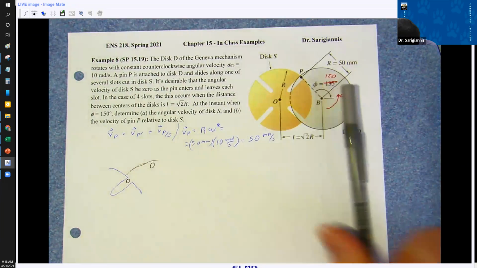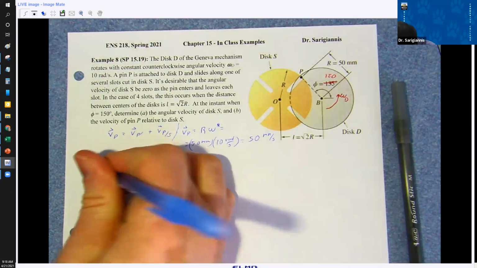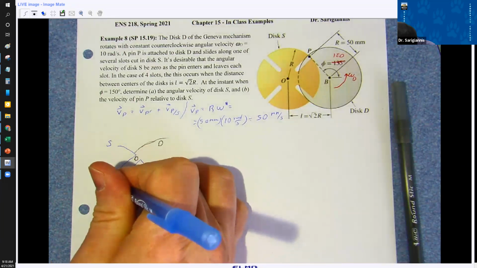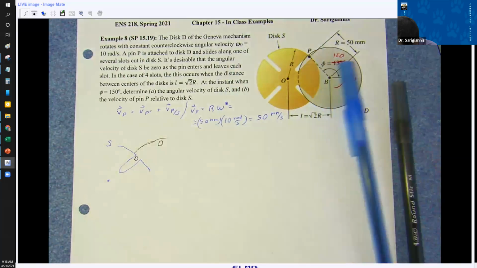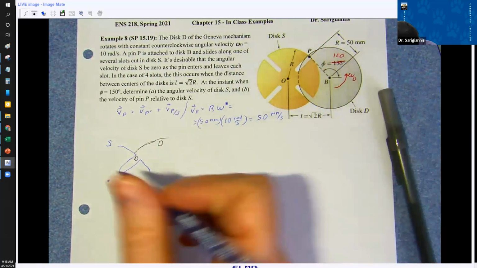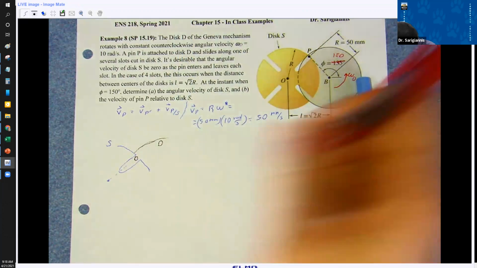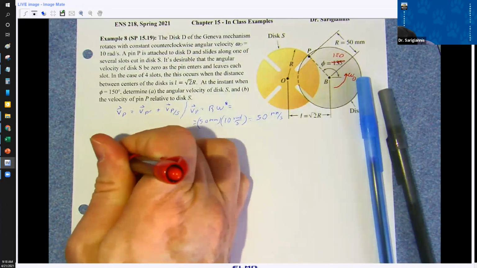This is D. This is S. Over here we have, from the center of S, right down the line, this is R.